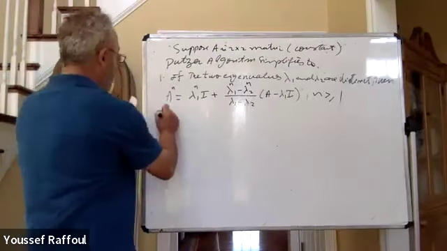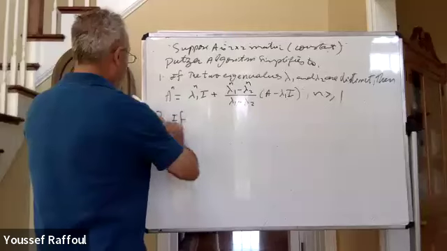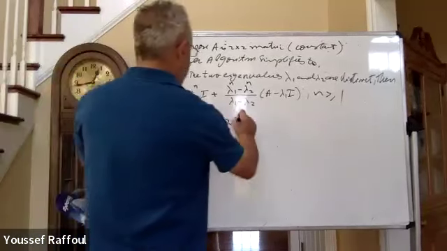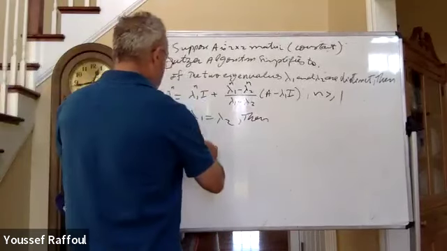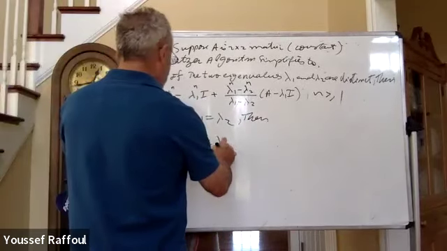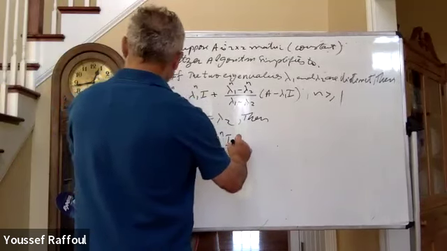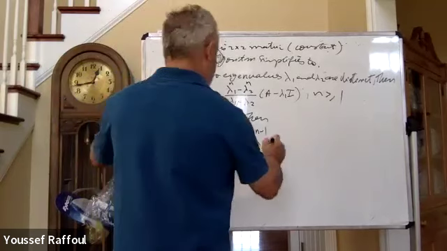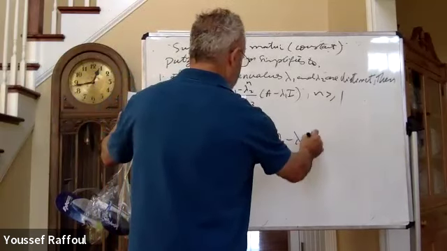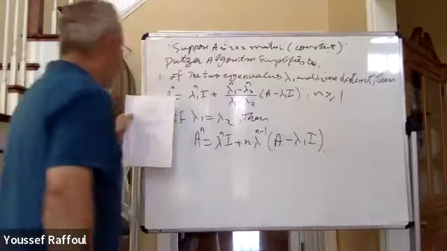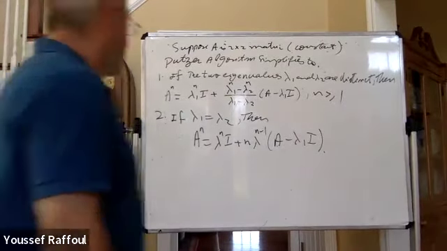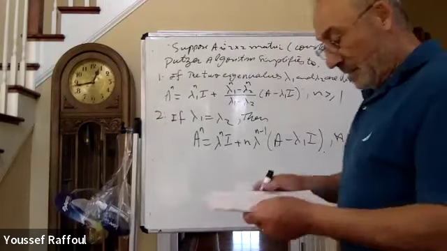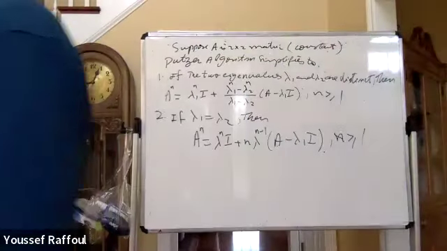Now two, if λ1 equals λ2, then A^n equals λ^n I plus n λ^(n-1) (A minus λ1 I), for n bigger or equal to 1.